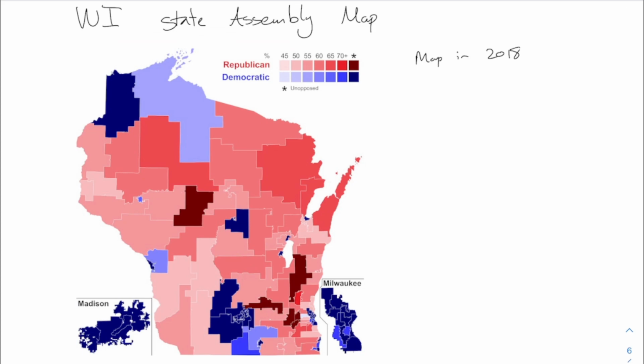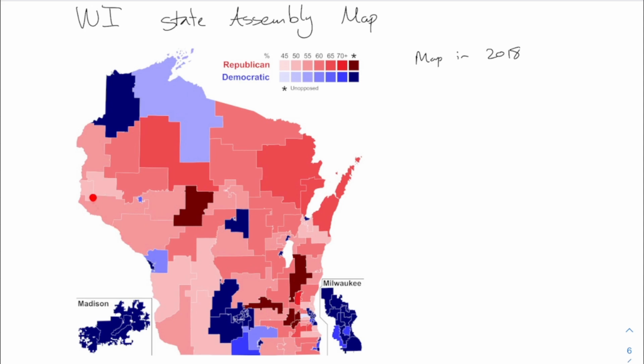Now the colors here represent the Republicans and the Democrats. This is typical in American politics: the Republicans are red and the Democrats are blue. And the darkness of the colors corresponds to how close the vote was in those districts. So this light blue one here means the Democrats won, but only by a little bit.